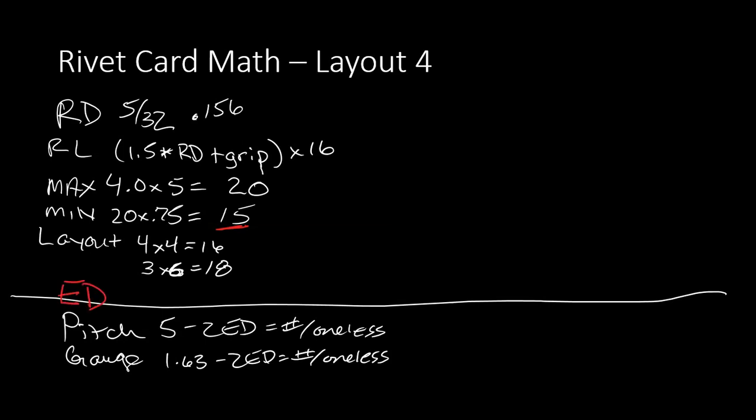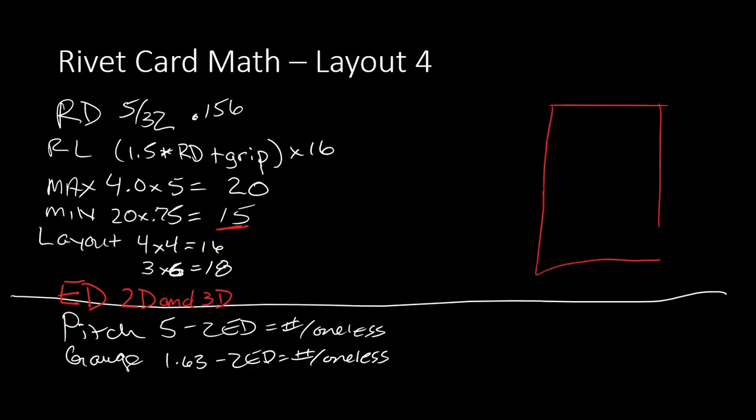Edge distance has got to be somewhere in between 2D and 3D in order for it to work. For some odd reason, it doesn't quite work with 3D. I think I used 2.5D and it worked. So play around with this layout, find one that works for you, and then remember it's going to be staggered.